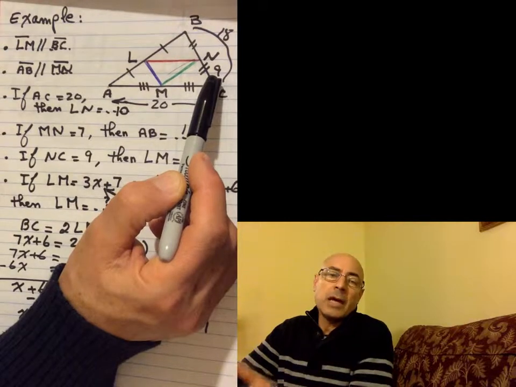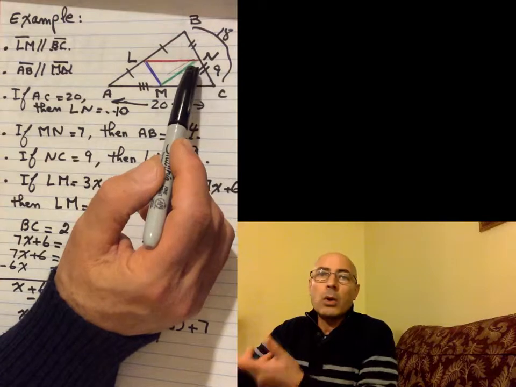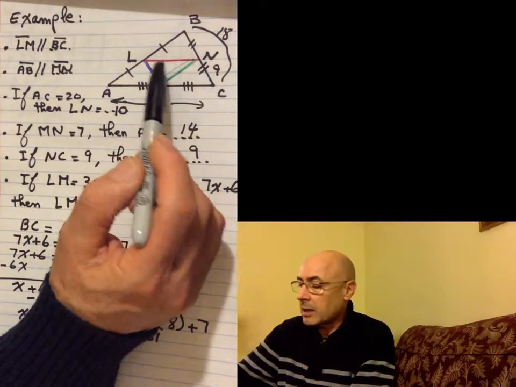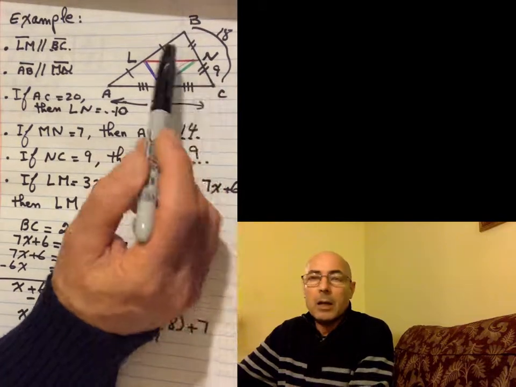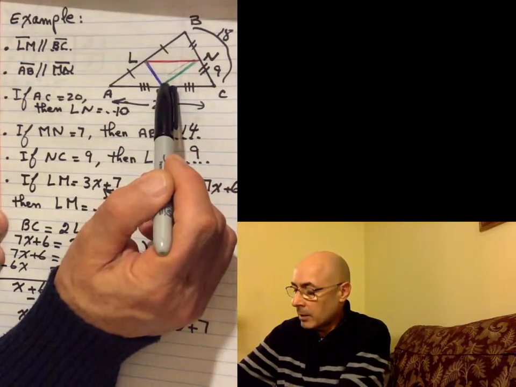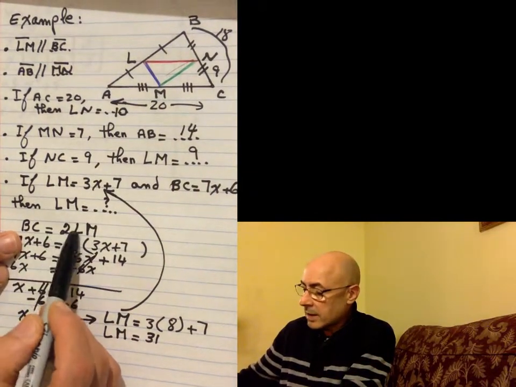But instead of using half and then your equation has a fraction, we can reword this statement. Instead of saying LM is half BC, I can reverse it and say BC equals double LM. So that's what I'm going to write down. BC equals twice LM.